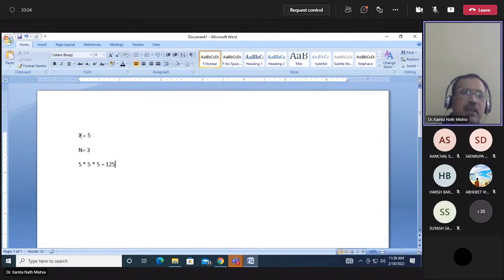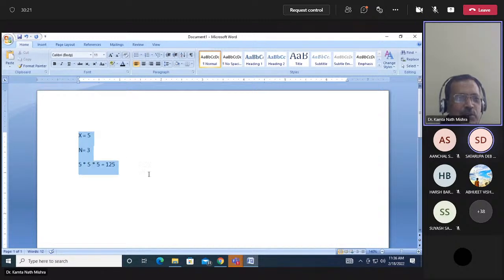If you are writing the program for this, what is the easiest way? Can someone tell me an approach for finding x power n? Using the power function.